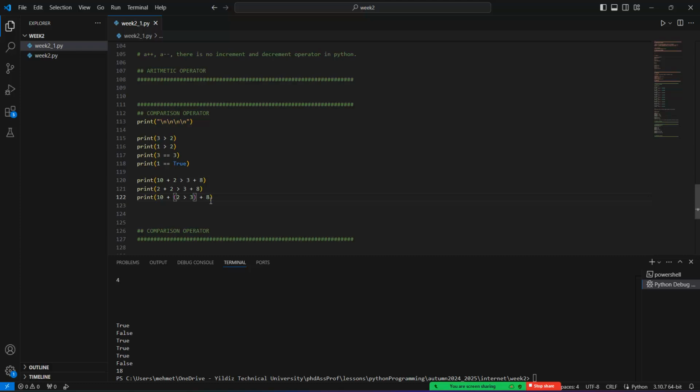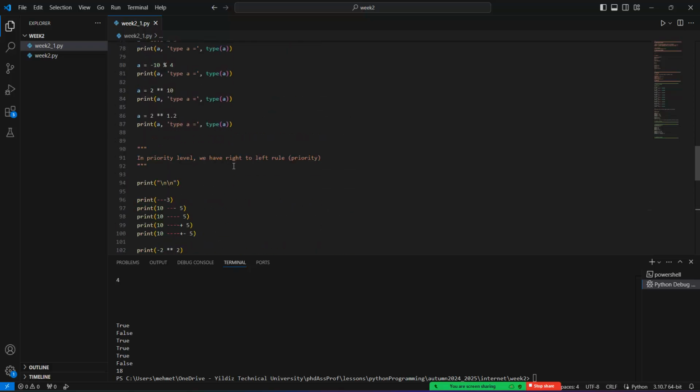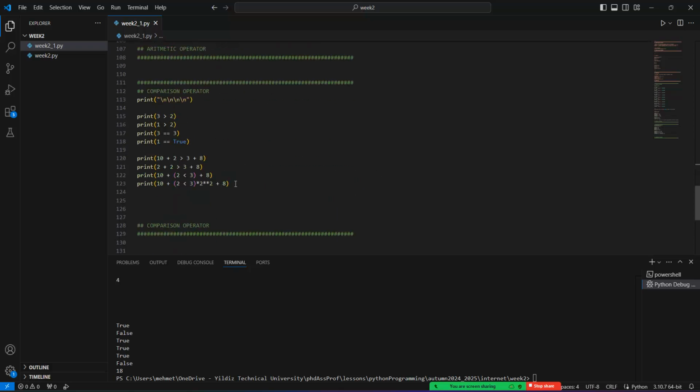And so if we have this notation, what is the result of this code? Just see that in the arithmetic operator, the right to left rule is applied, right?